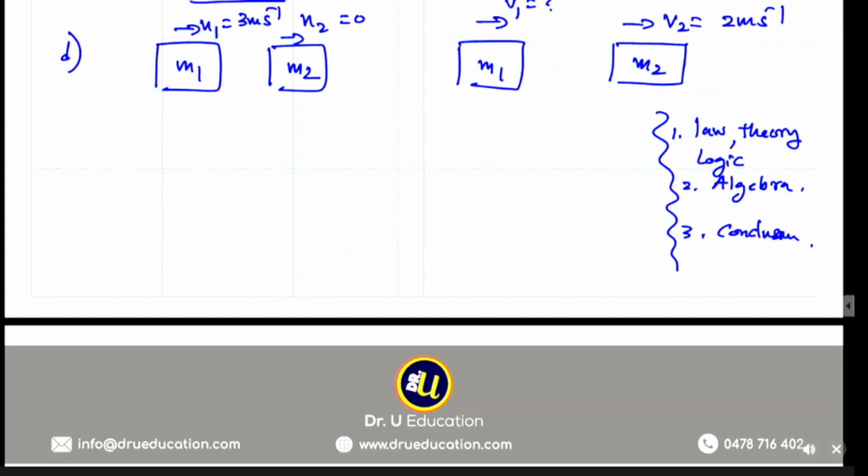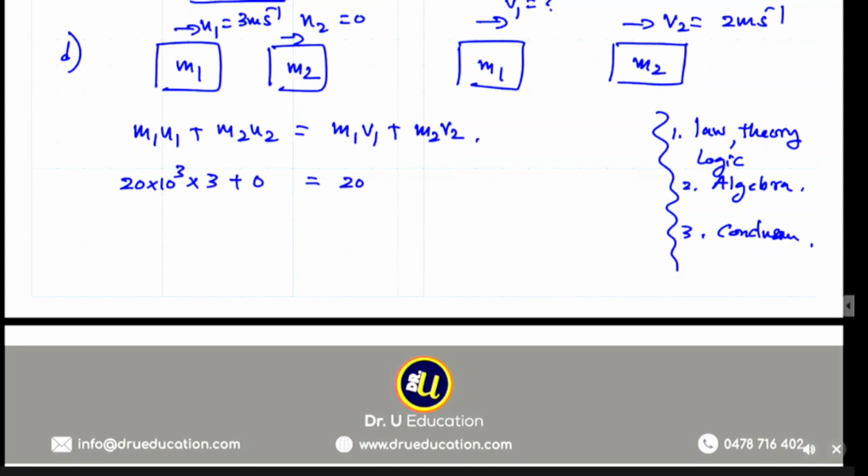So linear momentum conservation I'm going to use here. So m1 u1 plus m2 u2 should be equal to m1 v1 plus m2 v2. So m1 now should be what is m1? What is m1 here? 20,000, right? u1 is 3 plus 0 is equal to, this is 20 times 10 to the power 3 times v1 plus 10 times 10 to the power 3 times 2.